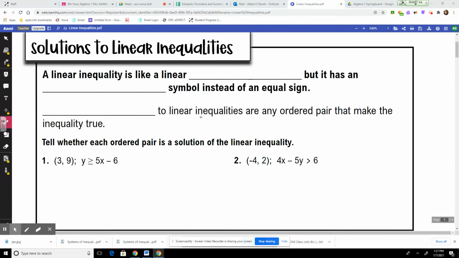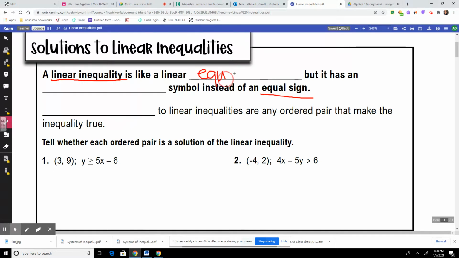A linear inequality is like a linear blank, but it has a blank symbol instead of an equal sign. You can use a linear inequality and an equal sign to fill in these two blanks. So a linear inequality is like a linear what? It's like a linear equation.